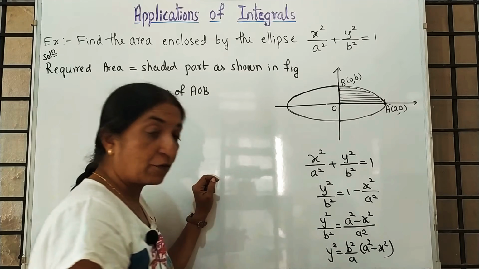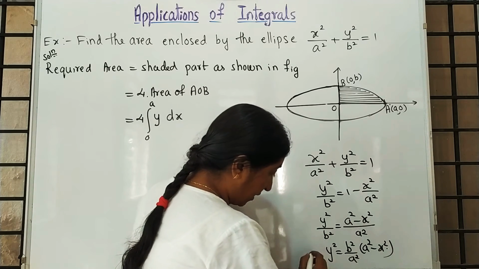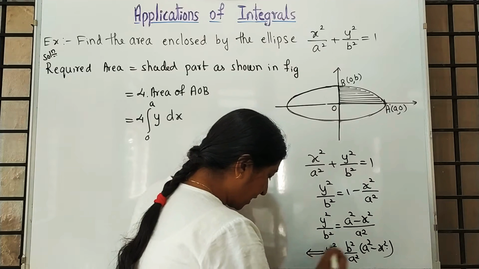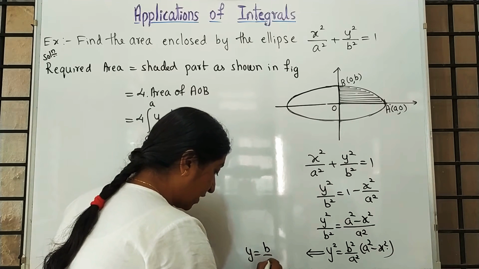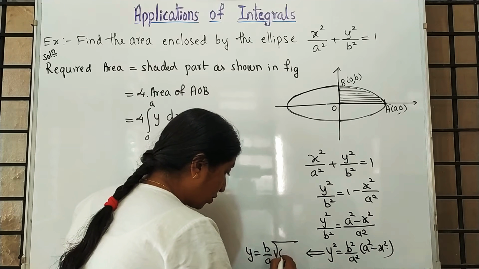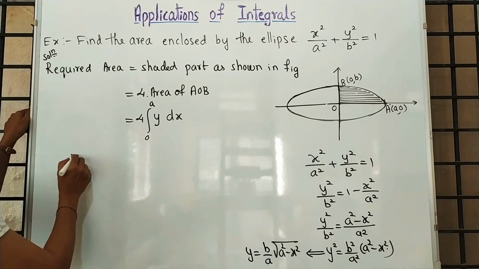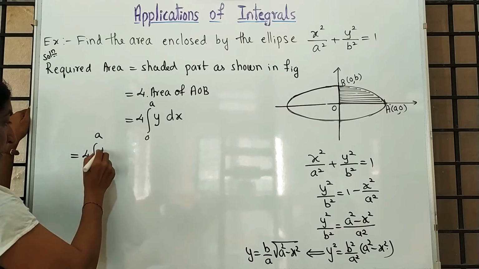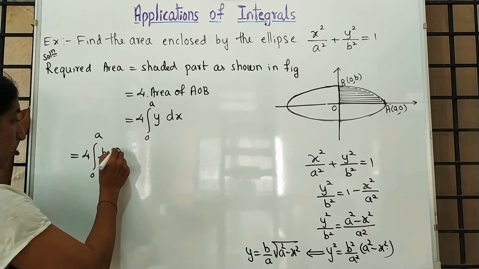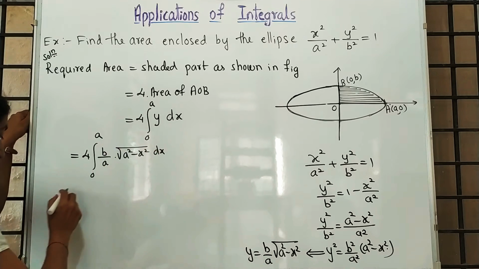For my convenience, I wrote the constant separately and x on one side. There is no space, that's why I am writing it in reverse. Taking the square root, y is b upon a root of a square minus x square. Write down that value. It is 4 into integration from 0 to a of b upon a root of a square minus x square into dx.